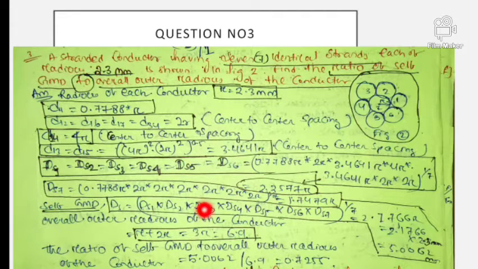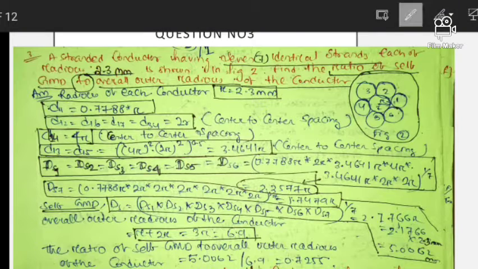D57 that is equal to these terms, 1.7479. After putting all those values in here for self GMD, then you will get 5.0062.